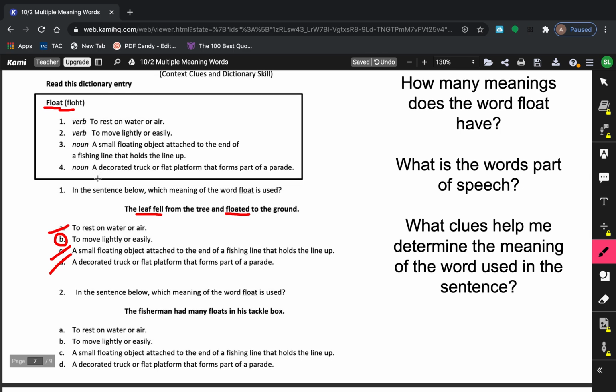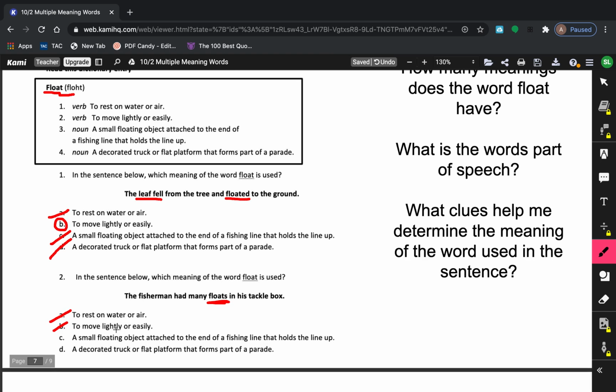So let's look at number 2. It says, in the sentence below, which meaning of the word float is used? The fisherman had many floats in his tackle box. Now the S has been added, and that is a suffix, but this time the word floats is a noun. So I'm going to do the complete opposite. I'm going to eliminate A and B because the word is not being used as a verb in this sentence.